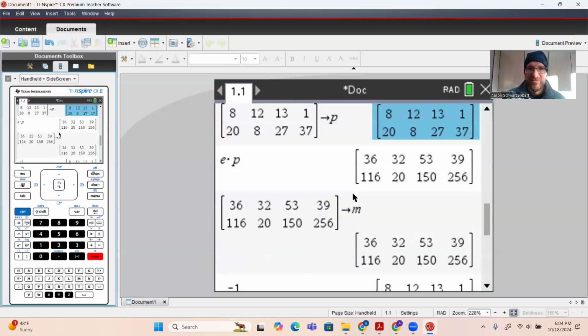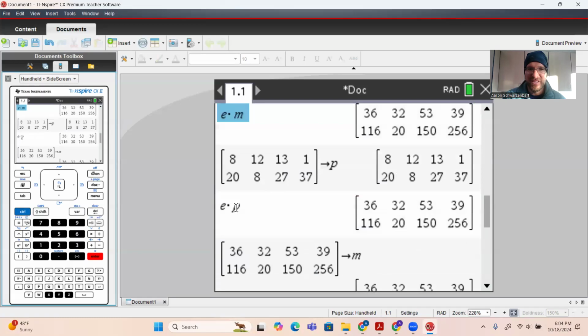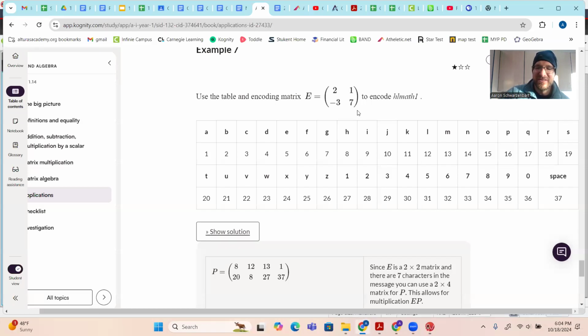So we simply put our encryption matrix E, we multiply it by our message P matrix. It's important, though, in recap, that the dimensions, and I'm going to go back to the book for a second, that the dimensions of E here and P here, that it's 2 by 2 for E. So whatever that is, P has to be made so that this here will match.